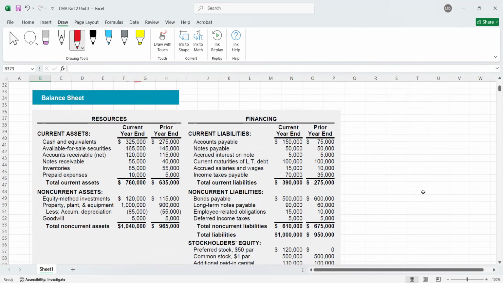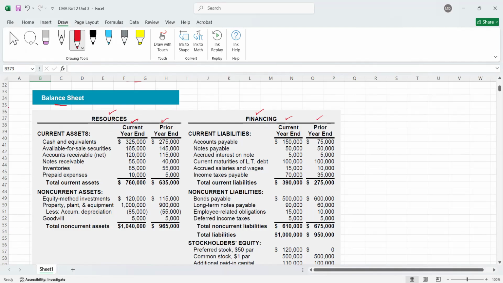Formulas I'll explain, but before moving to the formulas, I just want to explain the balance sheet quickly. In the balance sheet, we have the resources side, meaning the asset side, and the financing side, meaning liabilities and equity. Here we have two years of data, the current year and the prior year, for both sides.